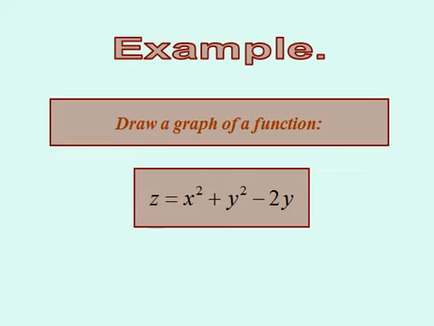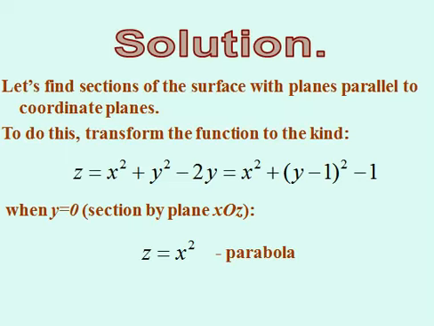How to draw a graph of such a function? Z is equal to x squared plus y squared minus 2 times y. To do this, we may transform our function to the kind z is equal to x squared plus y minus 1 squared minus 1. When y is equal to 0, we see that in this case z is equal to x squared, a parabola.